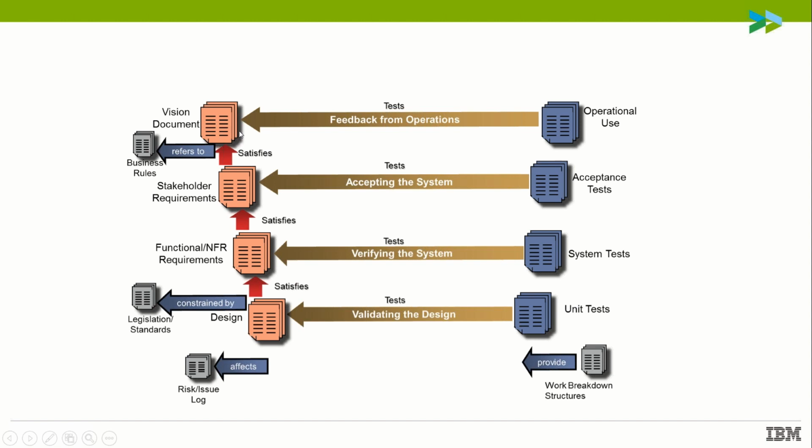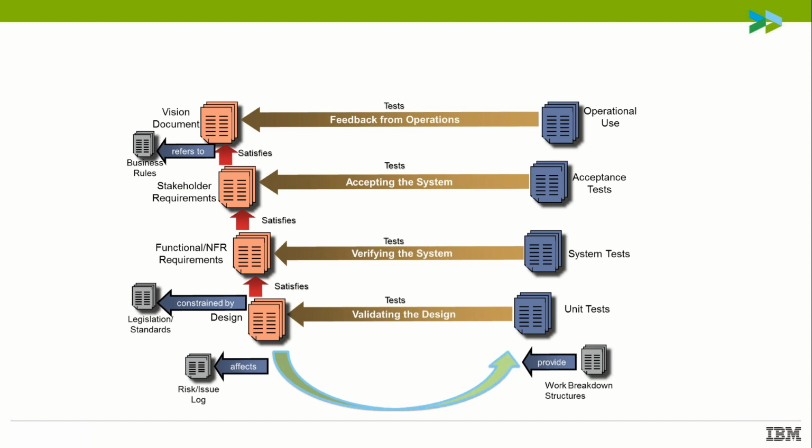And for each stage of our requirements here, what we're aiming to do is to make sure that we completely satisfy the requirements at the previous level. So when we get to the stakeholder requirements level, we're going to ensure that we're able to quickly and easily run queries to allow us to make sure that we're satisfying all of the requirements in our vision document, something more high level.